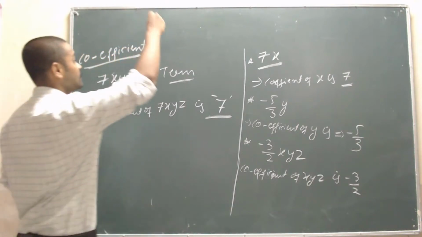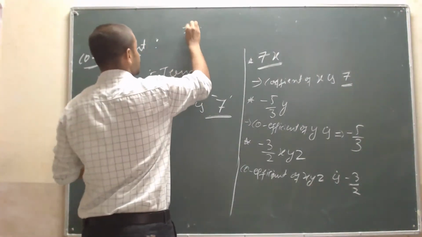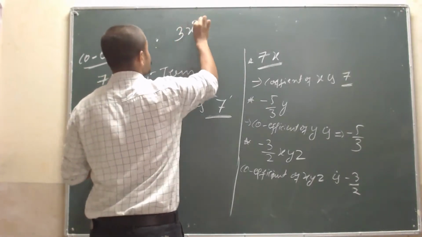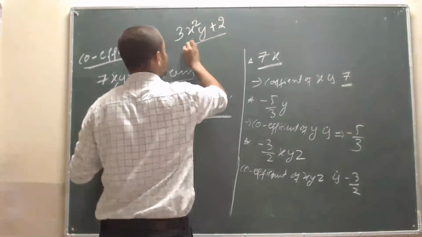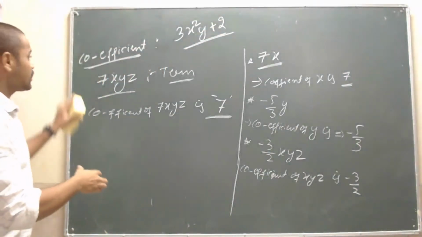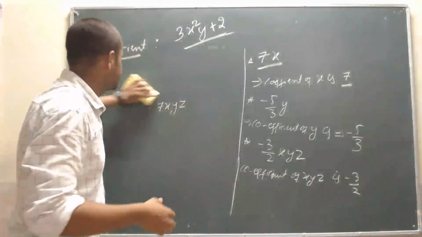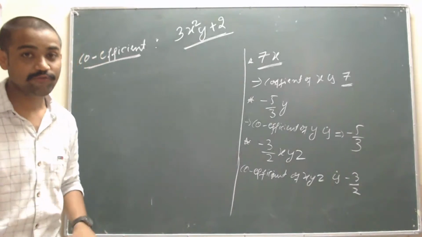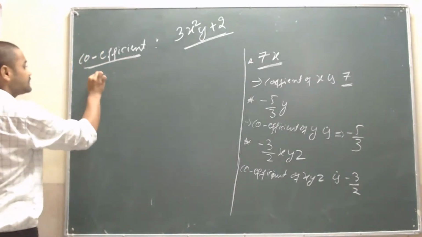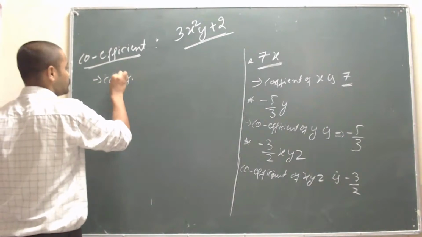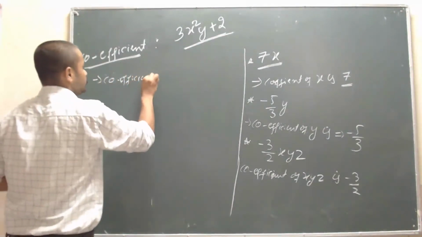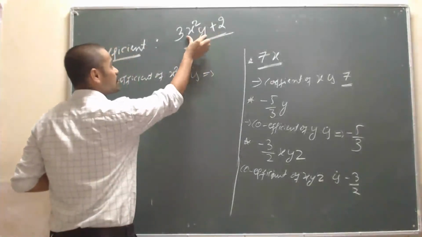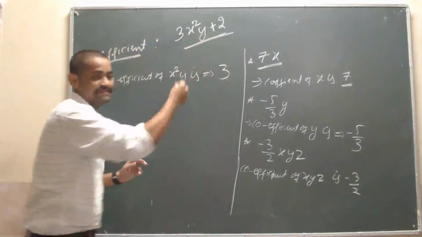So one more time I will write down an expression: 3x square y plus 2. This is the expression, student. Now tell me, what is the coefficient of x square y? The coefficient of x square y is, what is that? 3.